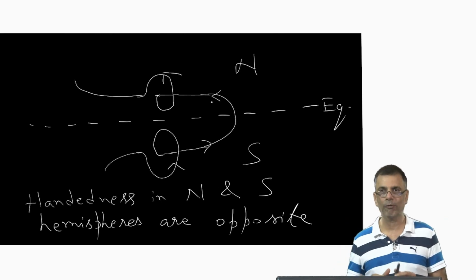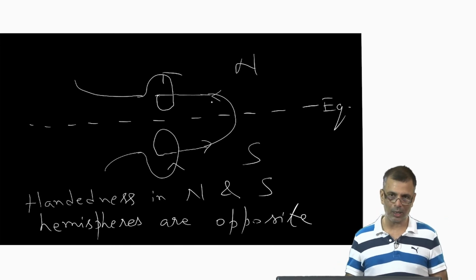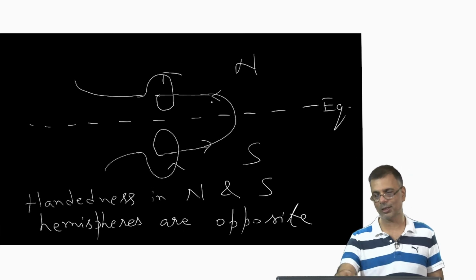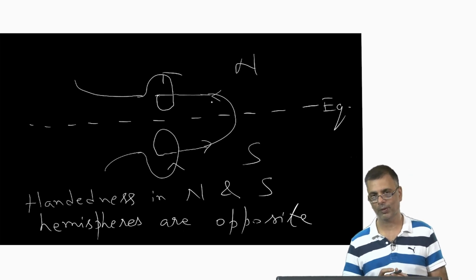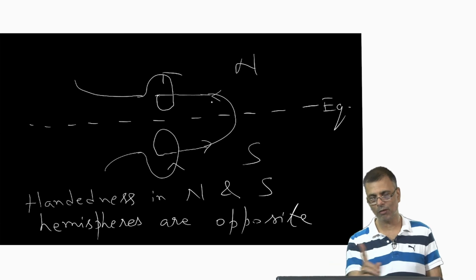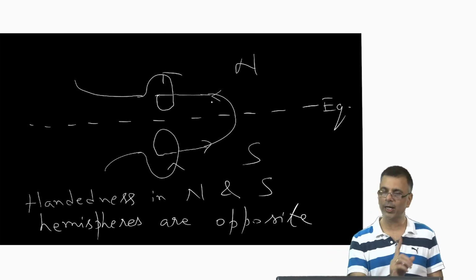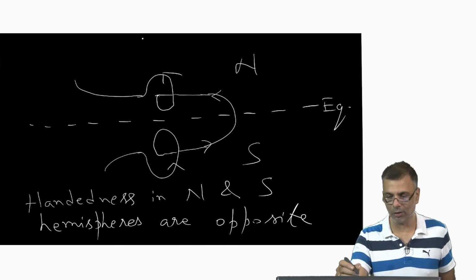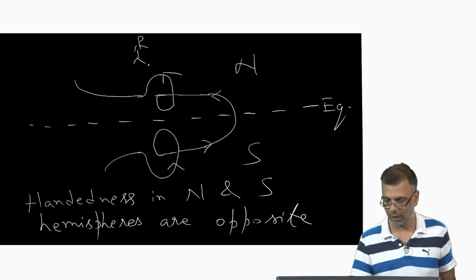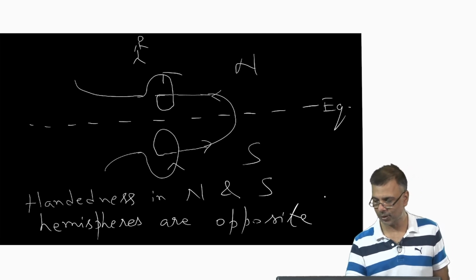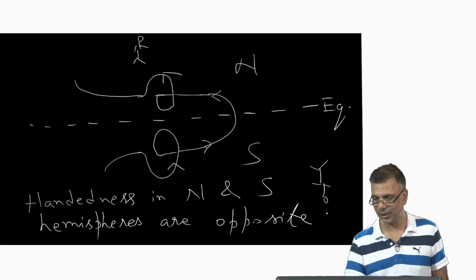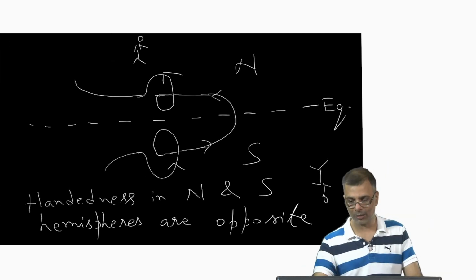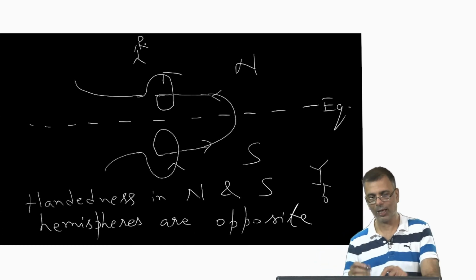That arises from the fact that the Coriolis forces are in opposite directions in the two hemispheres, because the direction of rotation, the phi direction, is the same. A person standing on the north pole has their head pointing this way, and on the south pole they have their head pointing in the opposite direction. So the handedness is different.